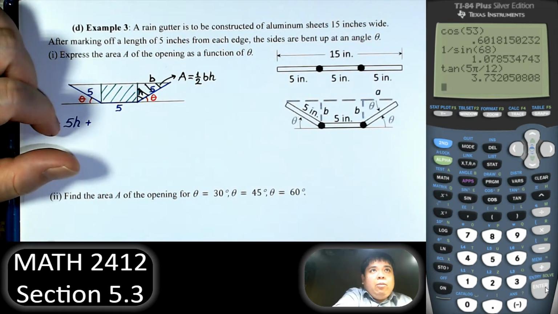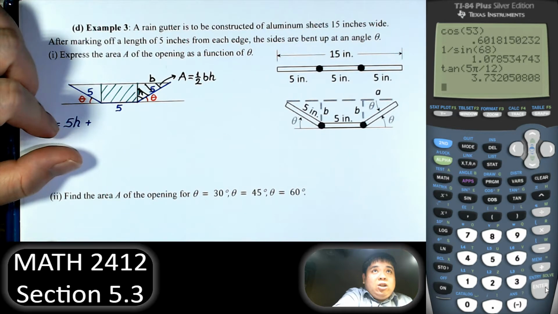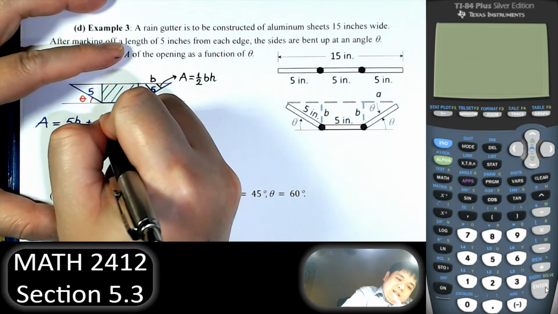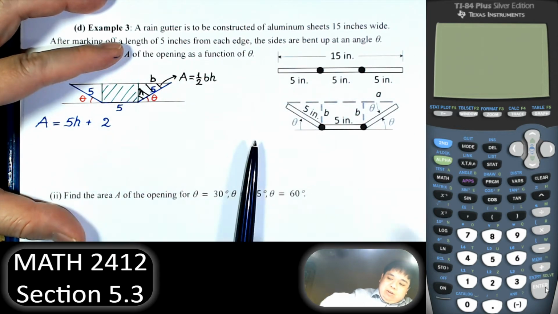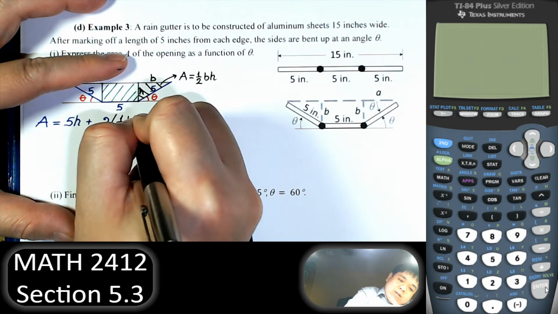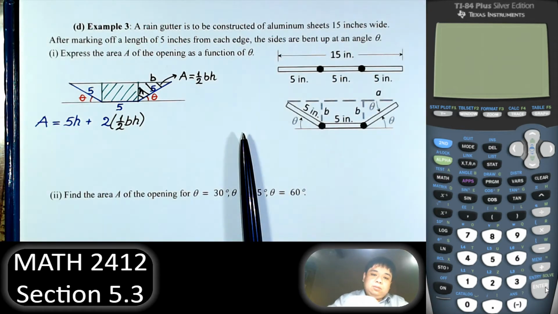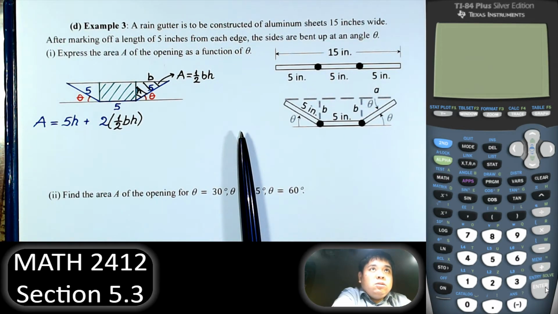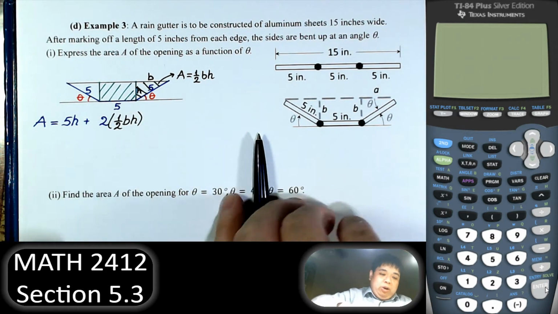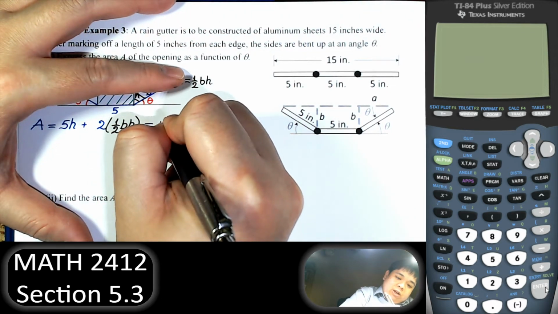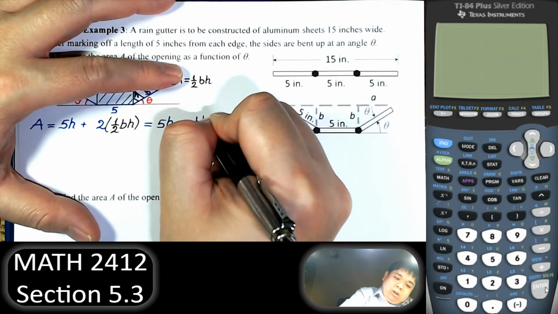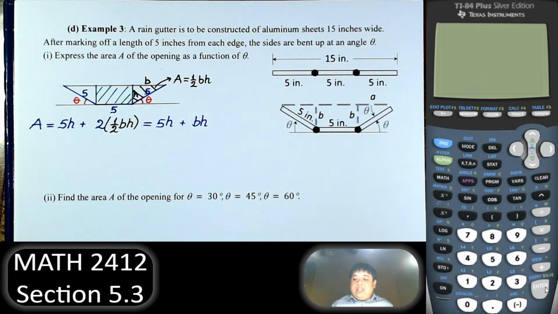Now, what is the base? What is the height? In that case, the area of the whole gutter is 2 times the area of the triangle, which is 1/2 base times height. Right? There are 2 triangles, and so that's what we have. So we will have 5h plus 1/2 and 2 cancel out, bh. So we just need to find what is h and what is b.